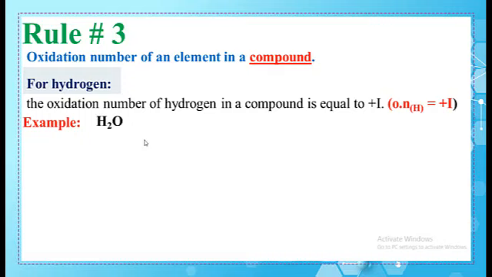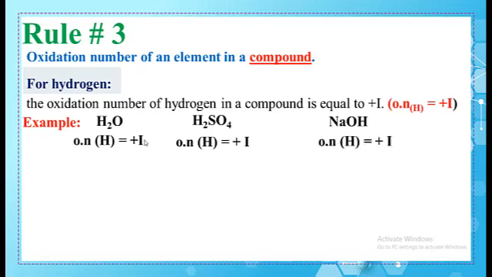Example, the oxidation number of hydrogen in H2O always equal plus 1. Oxidation number of hydrogen in H2SO4 compound also equal to plus 1. The oxidation number of hydrogen in an NaOH compound also is equal to plus 1.